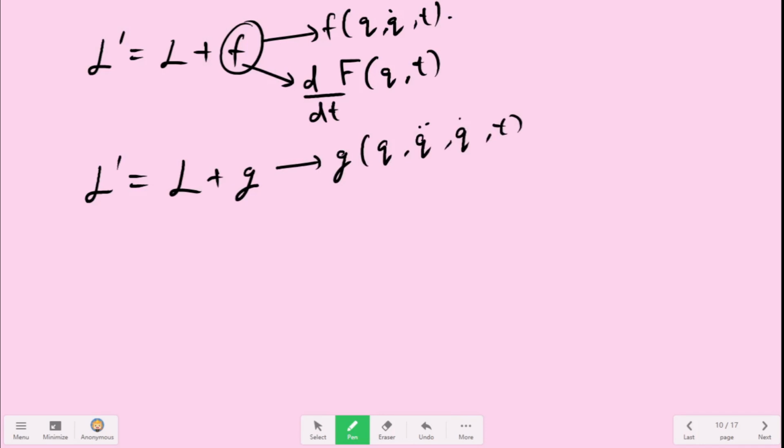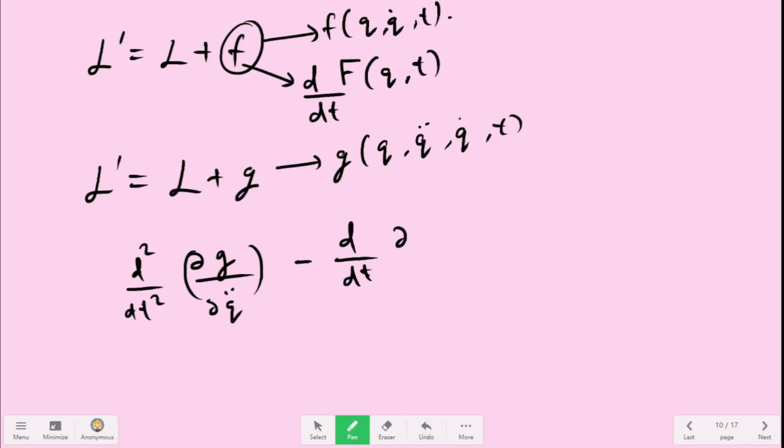Then instead of checking if we can write it as a total time derivative of capital F, we check if d²/dt² of ∂g/∂q double dot minus d/dt of ∂g/∂q dot plus ∂g/∂q is equal to 0 or not.